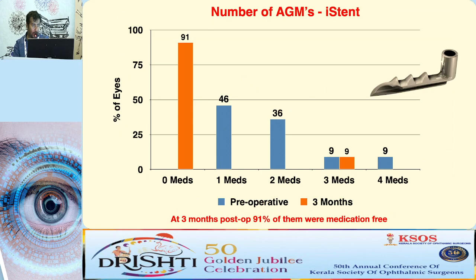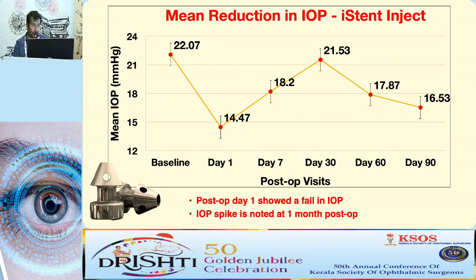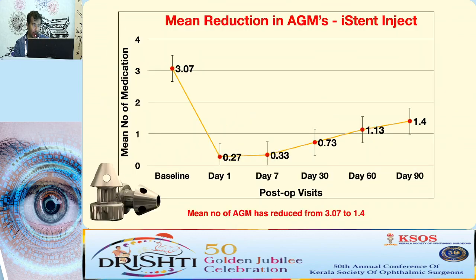With the number of AGMs at 0 medications, 91% of them were medication free, whereas 46% had one medication, 36% had two medications, and a few more had more medications. There is always a baseline and a spike which happens before the drop happens. So you have to be aware of the immediate post-operative spike.